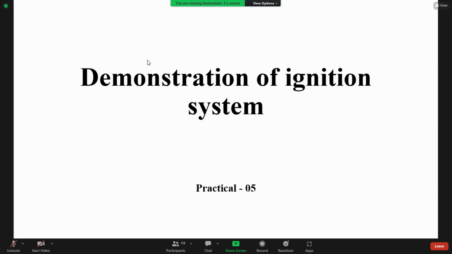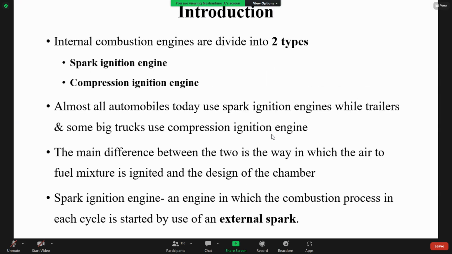Today we are going to study the demonstration of the ignition system. We will move to the introduction part. You already know we have two types of ignition engine, isn't it? Spark ignition engine and compression ignition engine.